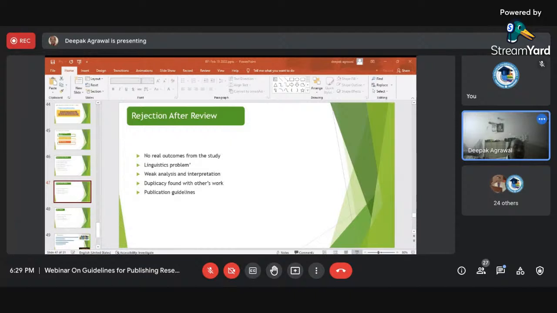Linguistic problem. The paper is written in a language which is not understandable, maybe by the peer reviewer. This may be one of the problems. Imagine a paper written in Hindi sent to people who don't know Hindi. Or one of the participants in today's session is from Russia. I welcome them. Sorry, I had gone through the name.